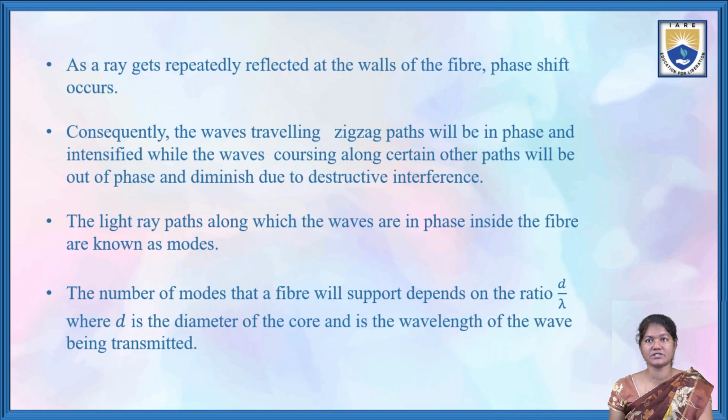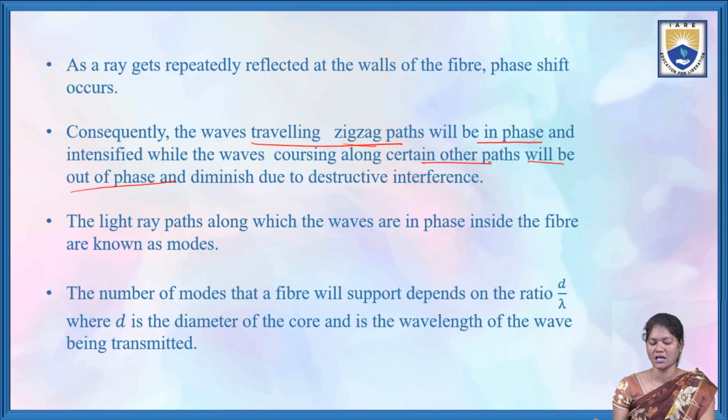Consequently, the waves traveling a zigzag path will be in phase and intensified, while the waves coursing along certain other paths will be out of phase and diminished due to destructive interference.